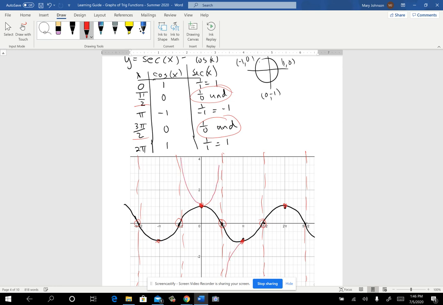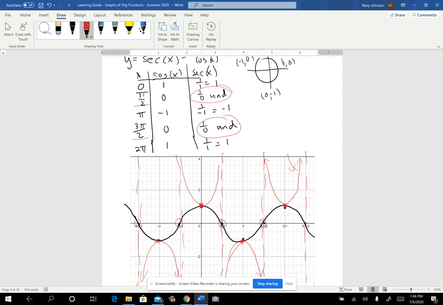Kind of see how that works? So you can do a quick sketch of that. Okay, this one's going to be down here. All right, and so that's the gist of it.